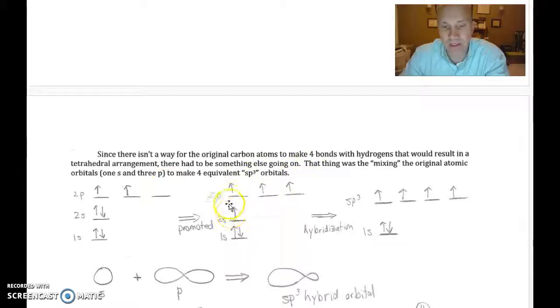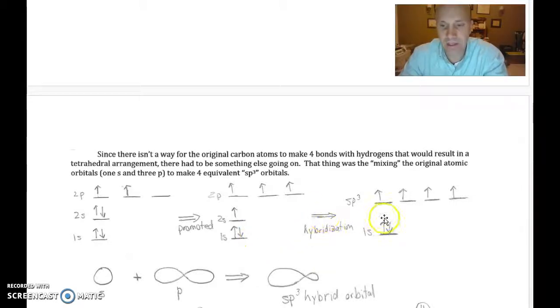And then what is described as happening is you have this thing called hybridization. This is a little bit conceptually difficult, but essentially what happens is you have one s orbital and 3 separate p orbitals, and they're going to combine to make 4 separate orbitals that are a hybrid type orbital that has some s character and some p character.